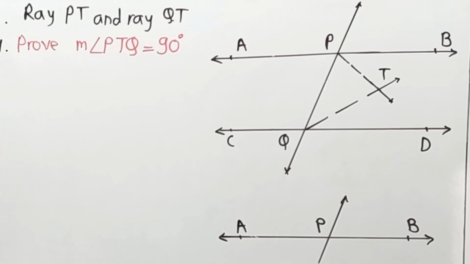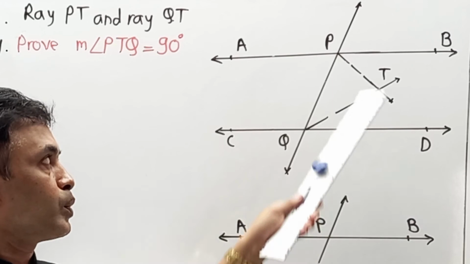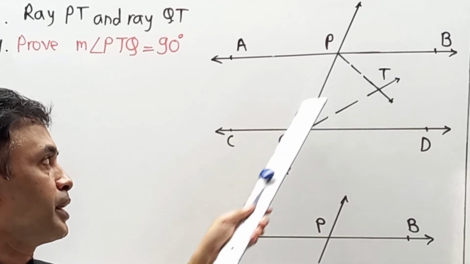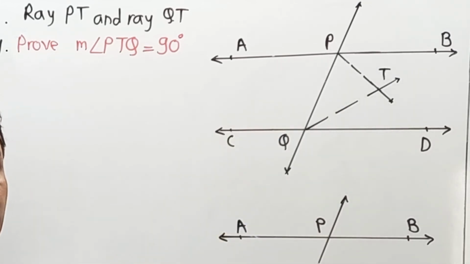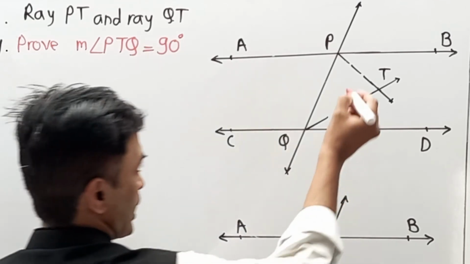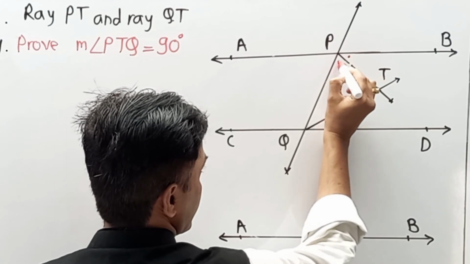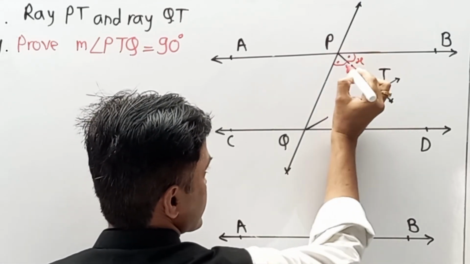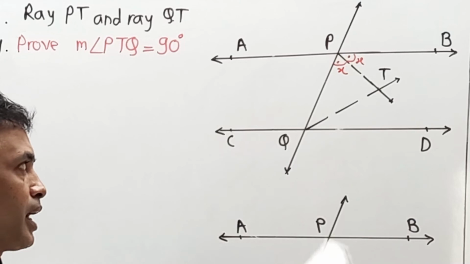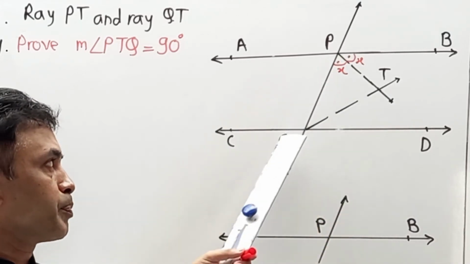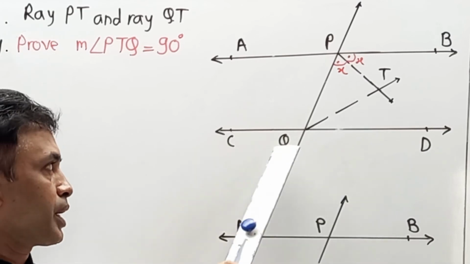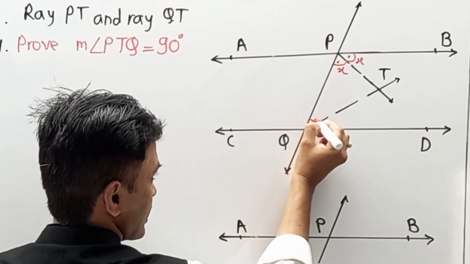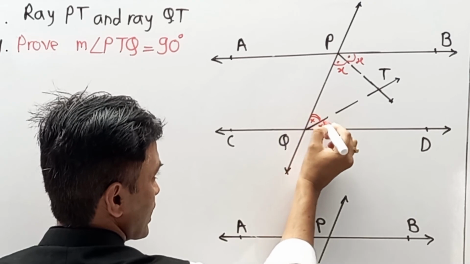Here, if PT is the angle bisector of angle BPQ, I am going to indicate this angle over here as equal to this angle, assuming it as X and X. Also QT is the angle bisector of PQD, means this angle and this angle are congruent angles.